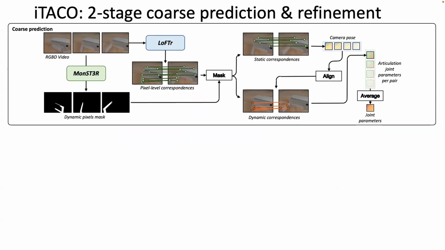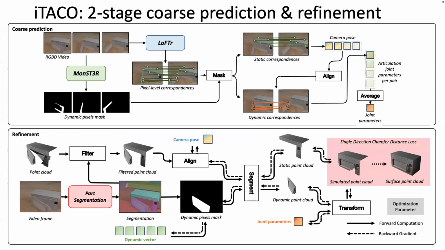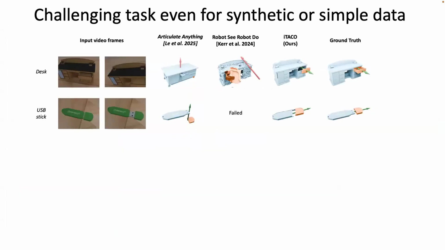And again, at a very high level, it's a two-stage pipeline that first has a coarse prediction stage, establishing correspondences between static points and dynamic points, and then refining the initial estimates of object geometry and articulation parameters, segmenting movable parts, and so forth.